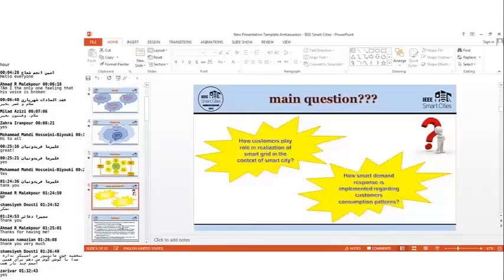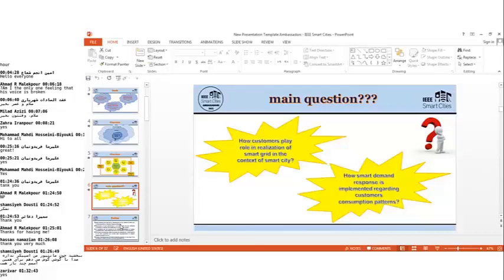But what is the main question in this presentation? In this study we have two questions. One of them is how customers play a role in the realization of a smart grid in the context of a smart city. And another one is how a smart demand response is implemented regarding customers' consumption patterns.